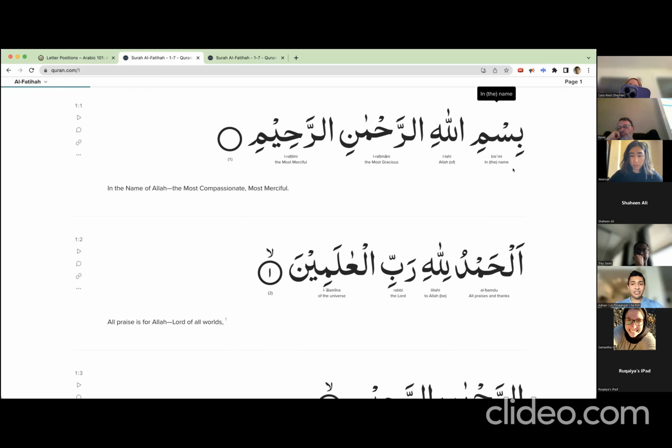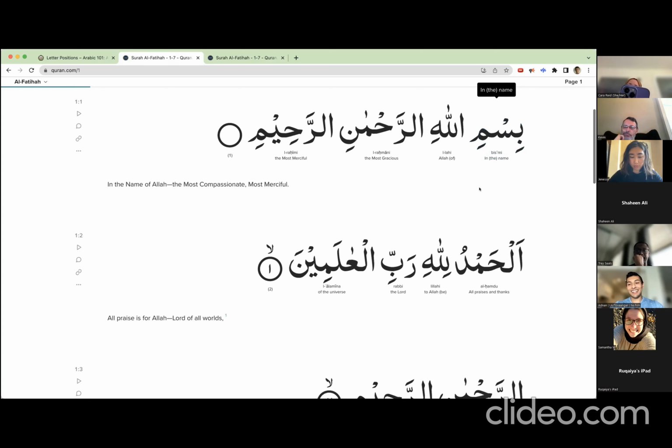Quranic Arabic has three cases, and those are marked by the three vowels. There are other languages with a lot more. Classical Greek has 4, Latin has 6, Sanskrit has up to 8 cases. So Arabic is not too bad with regards to that.